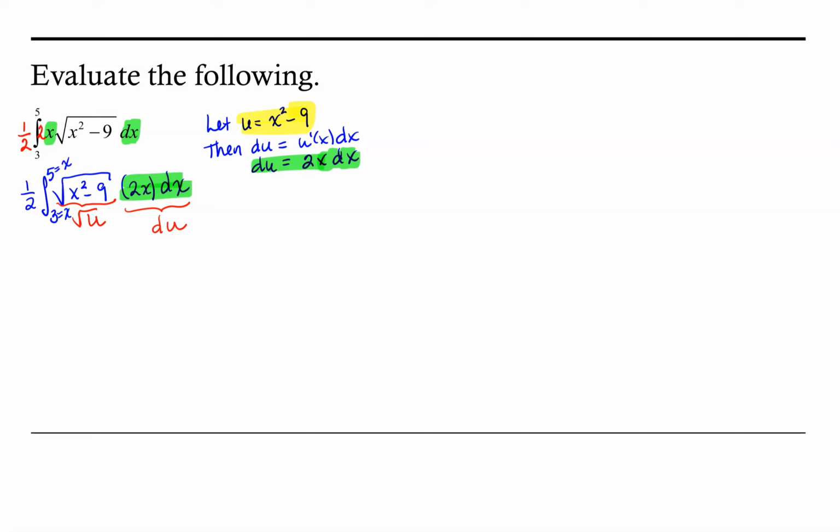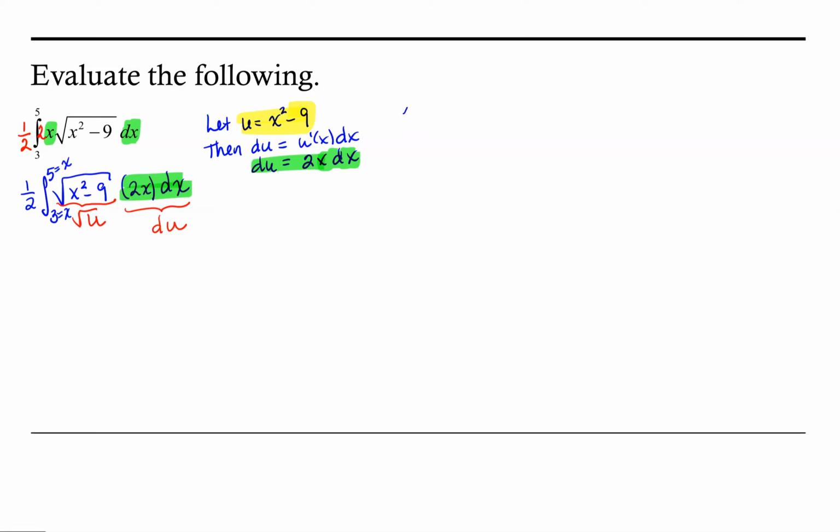The values of the two integrals are the same. And if we thought about this as area under the curve, the area between the integrand and the x-axis would be the same. So let's go ahead and transform our limits of integration as well.